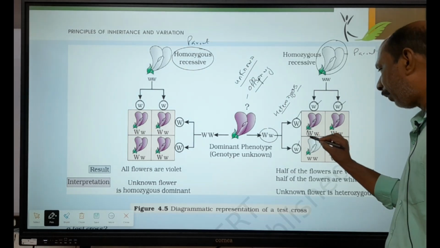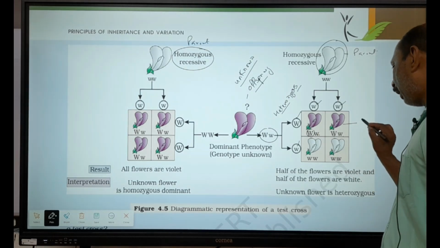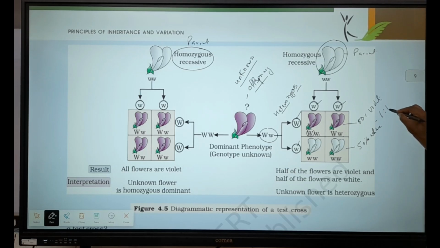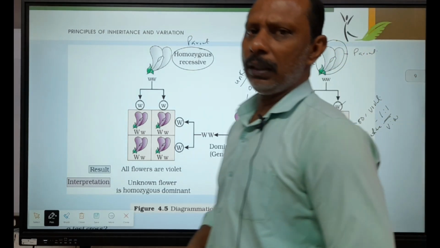Because one capital letter is present, that's why they are violet in color, 50% violet, and these 50% are white. We can say here a 1:1 ratio between violet and white, 50-50%. That means the genotype is also 50-50%: 50% capital W, 50% small w.